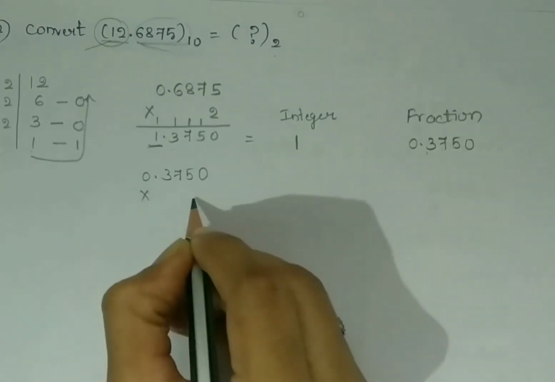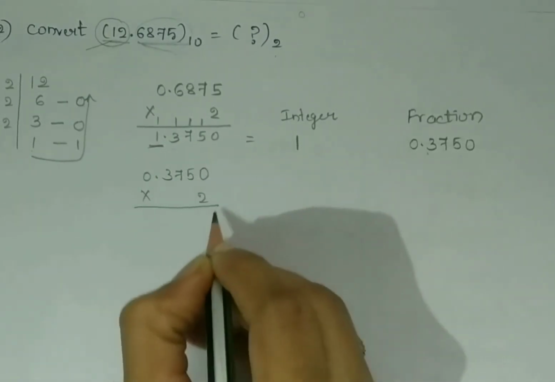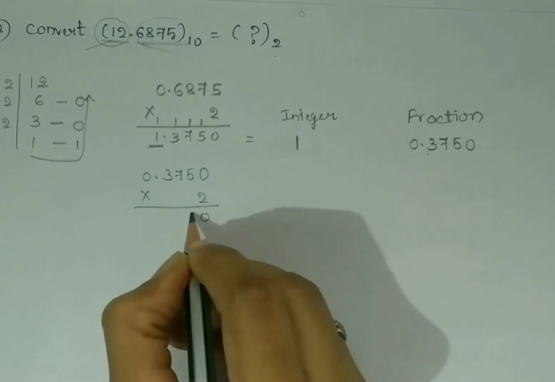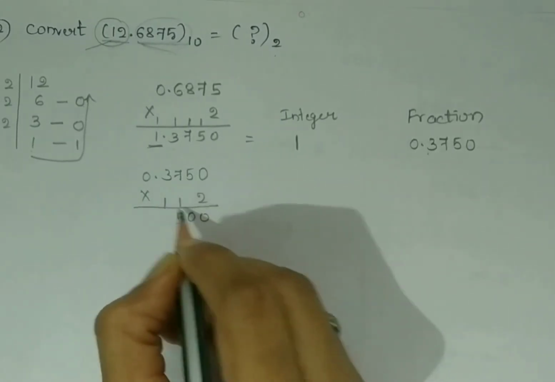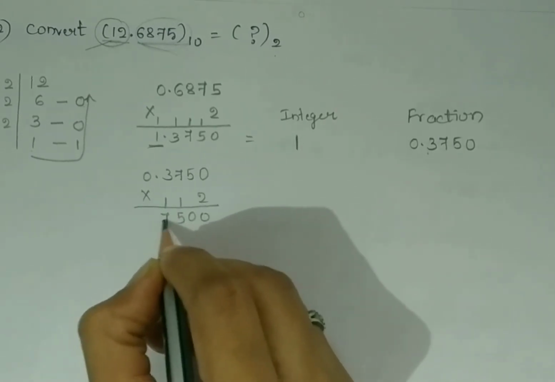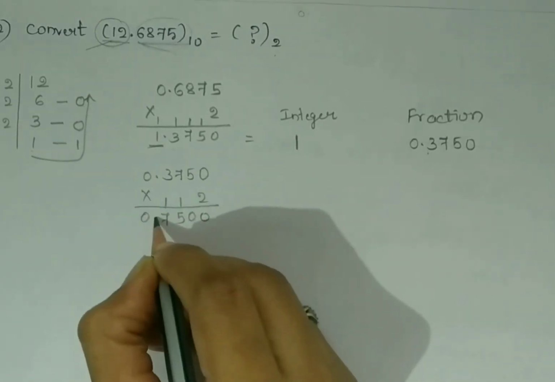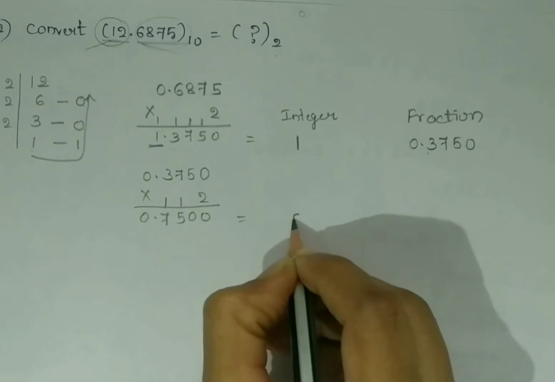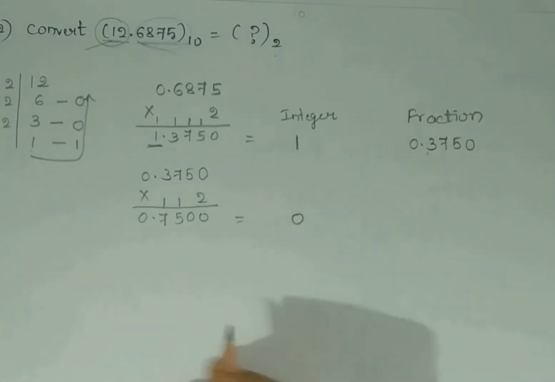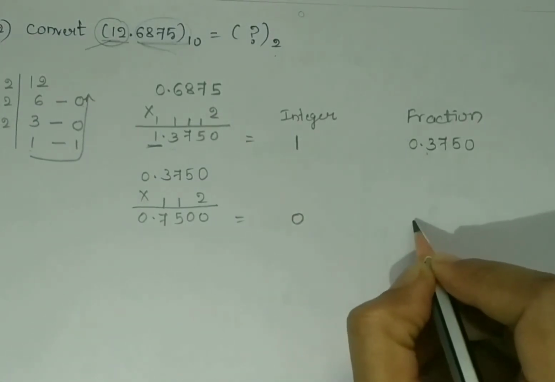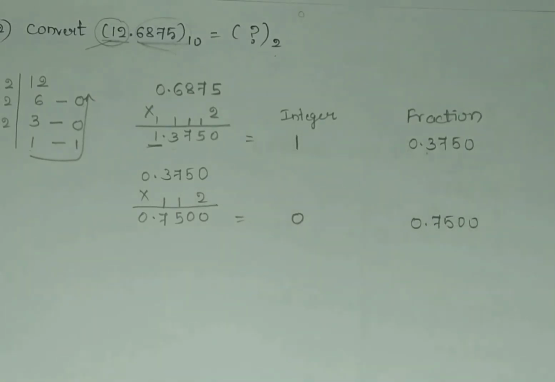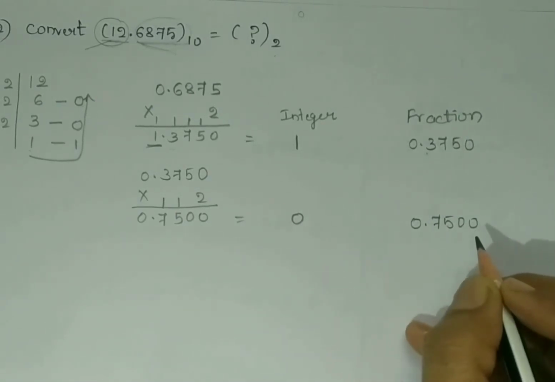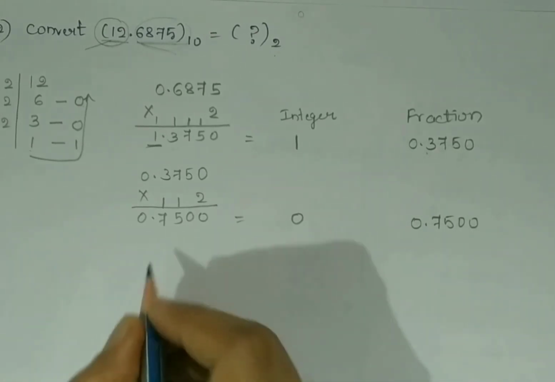3750 into 2. 2 zeros are 0. 2 5s are 10. 2 7s are 14 plus 1 is 15. 2 3s are 6 plus 1 is 7. 2 zeros are 0. Here you got the integer 0 and the fractional value is 0.7500. Then take this fractional value and multiply by 2.